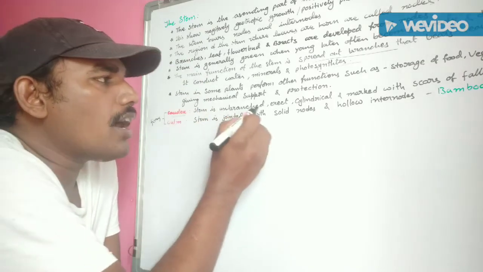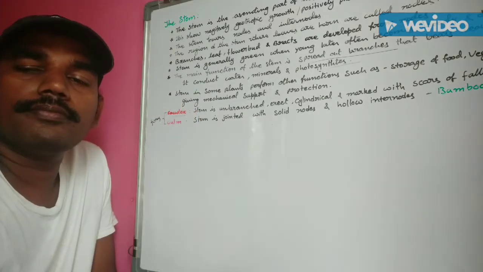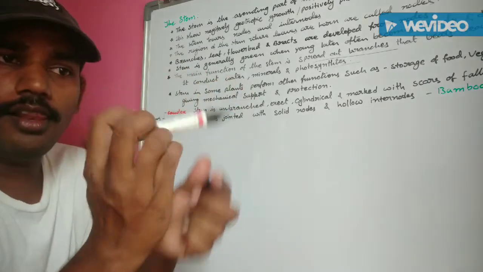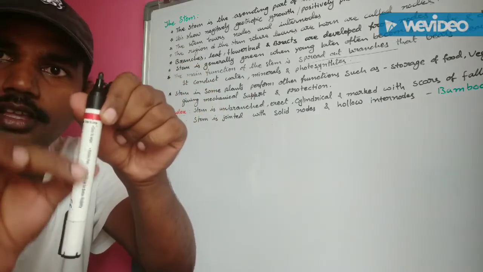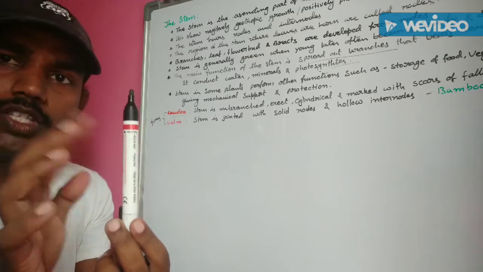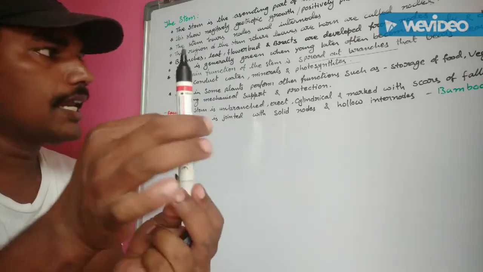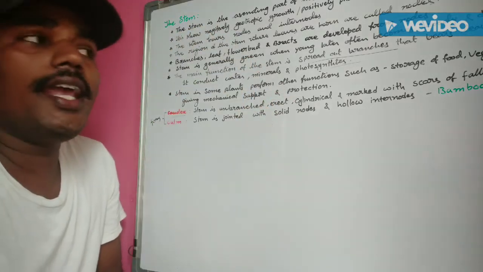So the stem is unbranched and also erect, cylindrical in shape. Understand? Cylindrical. The stem is unbranched, branches are absent, and also erect, cylindrical, and marked with scars of leaves.